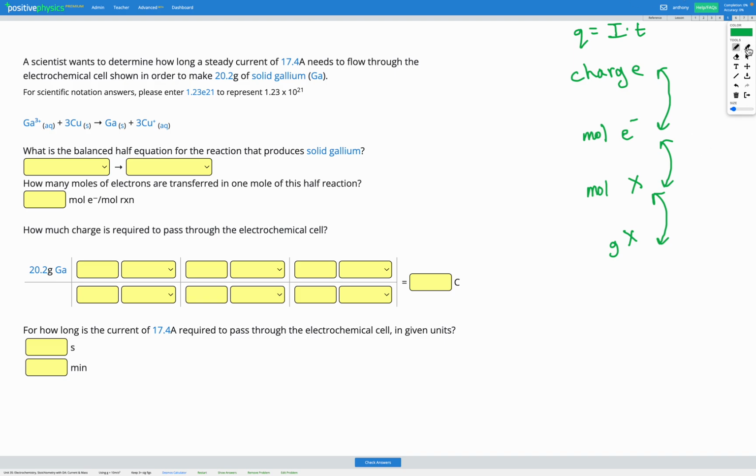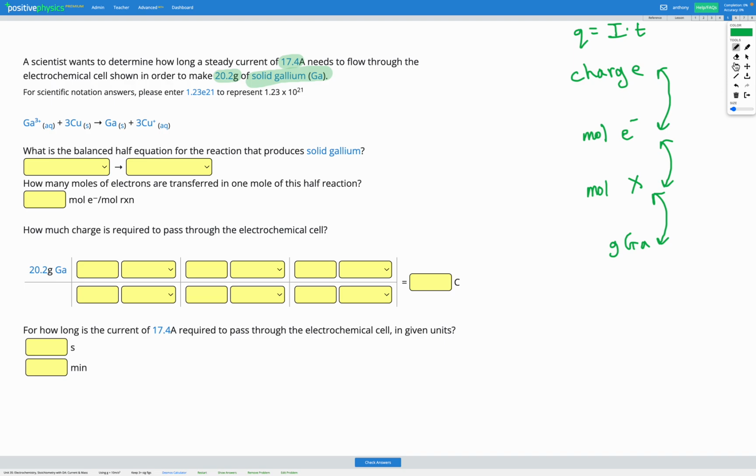In this particular question, we're asked to determine how long a steady current of 17.4 amps needs to flow through the electrochemical cell in order to make 20.2 grams of solid gallium, Ga. So in this question, we're starting with grams of gallium. I'm going to fill that in here.